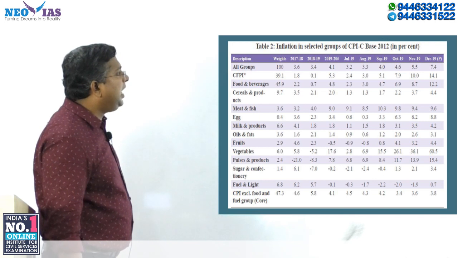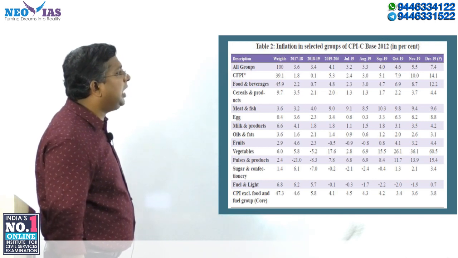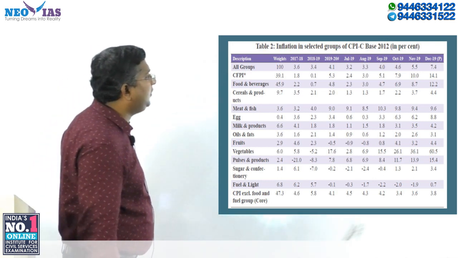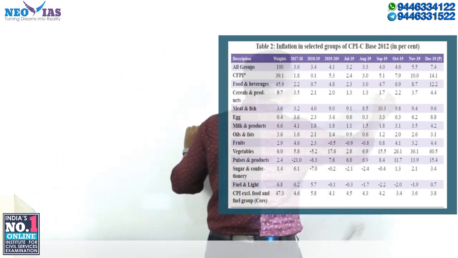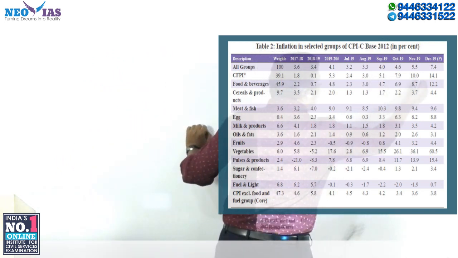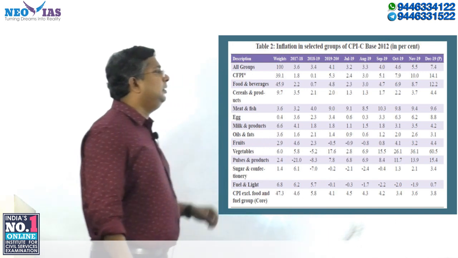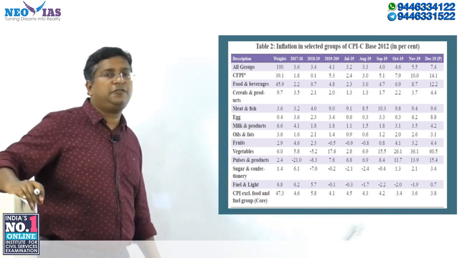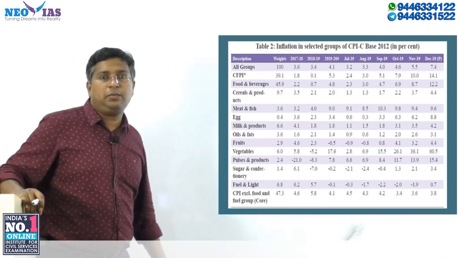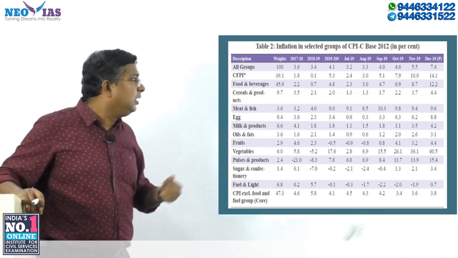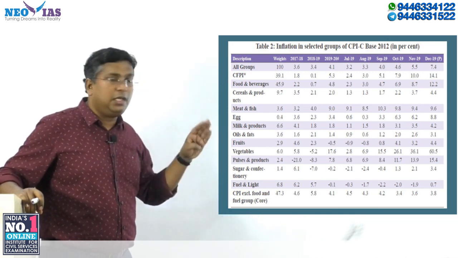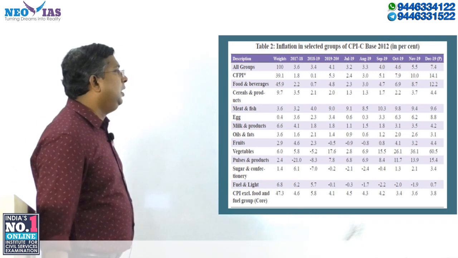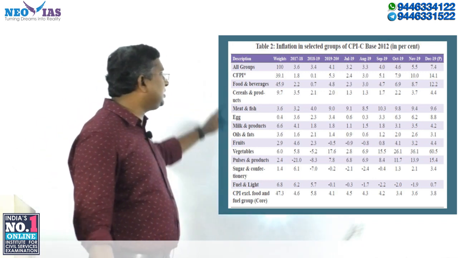And in 19-20, the trend started differentiating regarding food inflation. Especially from the month of September onwards, you can see an increasing trend. And in December, food inflation even reached 14%. This is the data available in the economic survey. So food inflation has been high in the last 2 quarters of 19-20. This is the important point.